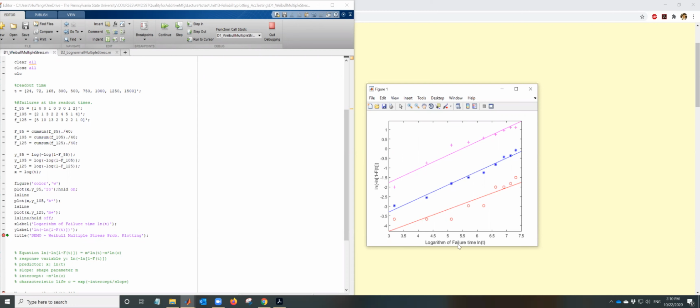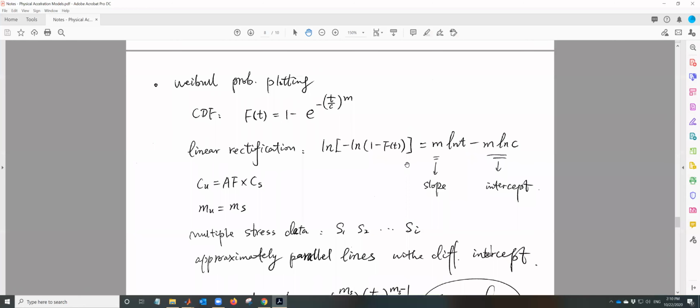So we have the logarithm of failure time, and this is our y. But at the same time, under each condition, I want to get the shape parameter, and I also want to get the characteristic life. You see here, and this is our response variable.